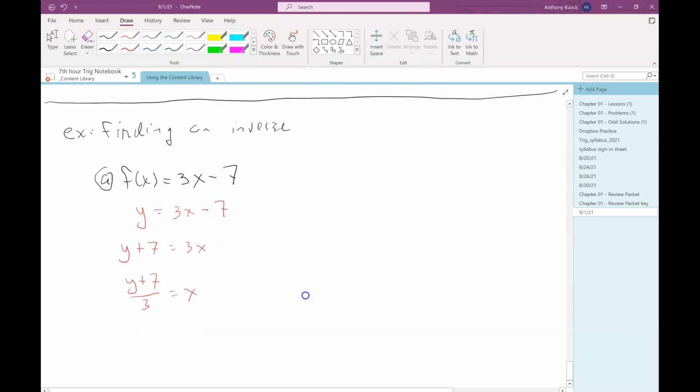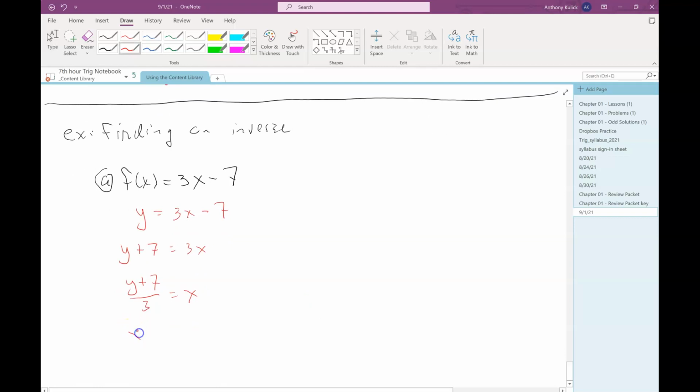Then I'm going to swap the names for the x and y coordinates. So everywhere there's a y, I'll write an x, and everywhere there's an x, I'll write a y. But everything else stays the same. I just changed the names for the variables. All my x's I turned into y's, and all my y's I turned into x's.